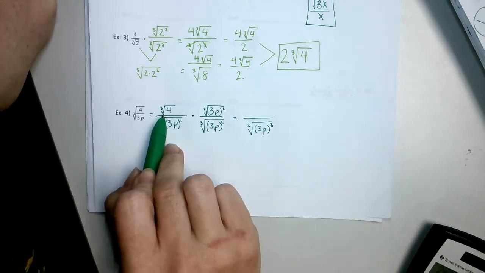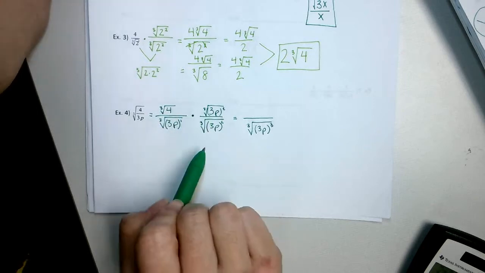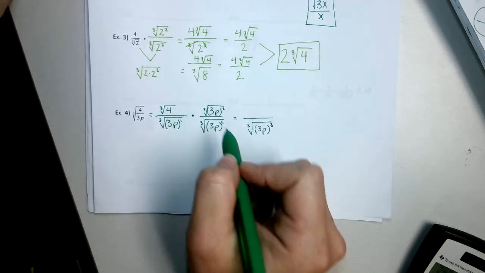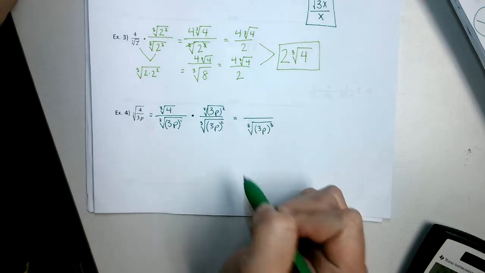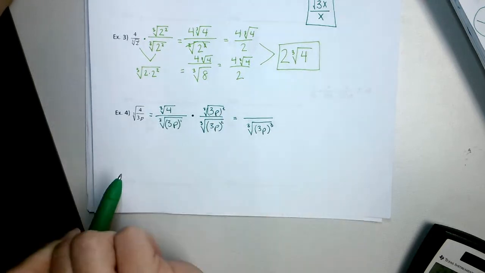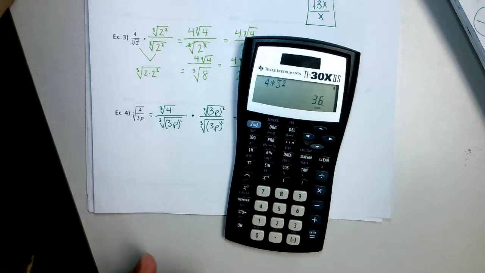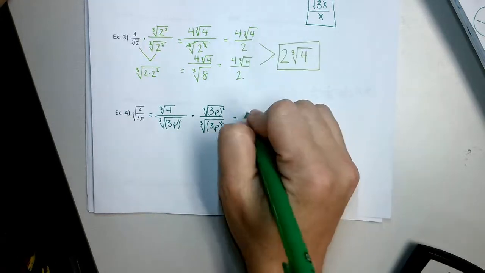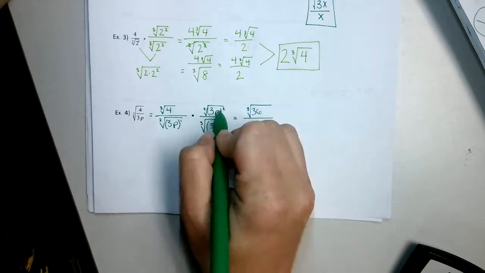And the top, well, they're not going to cube anything, so we're not going to be able to cancel anything right away. So I want you to realize that this is 3 squared p squared, right? So what is 4 times 3 squared? It's 36. There's no p here, but this is p squared.